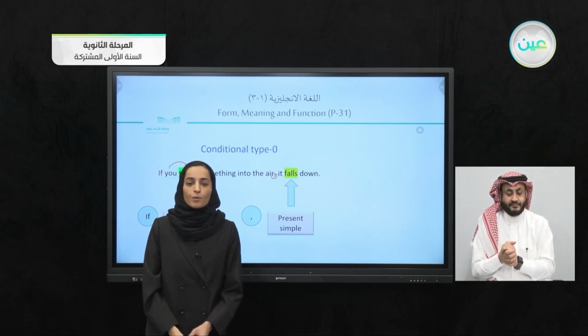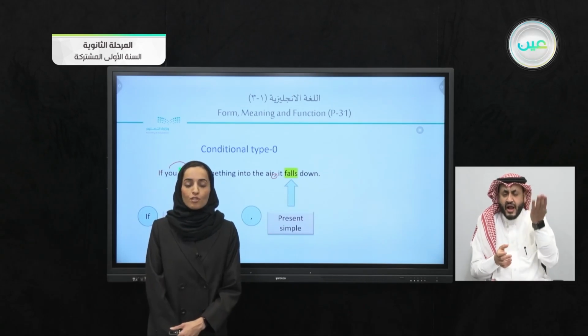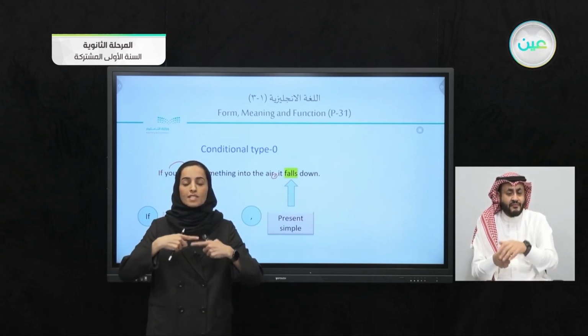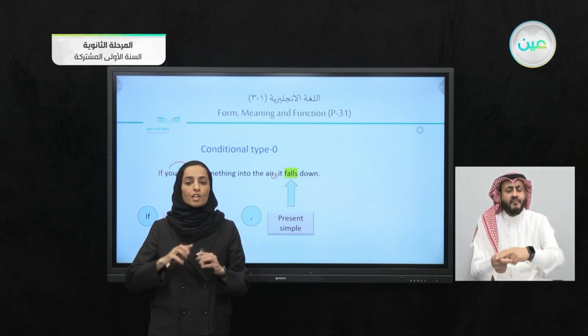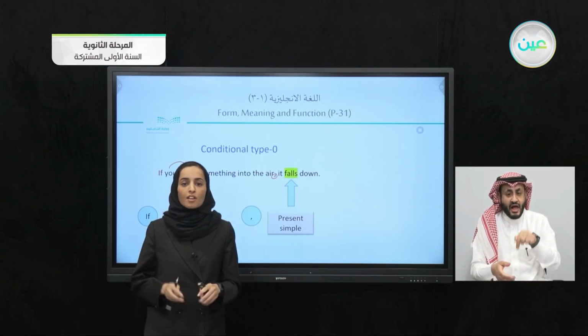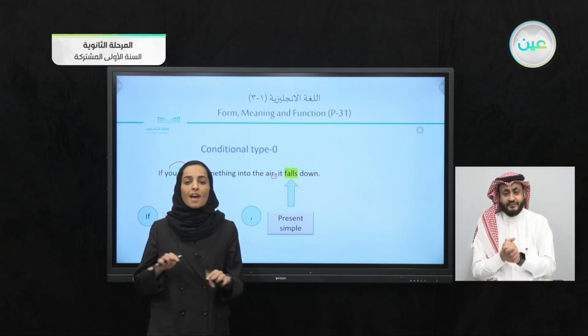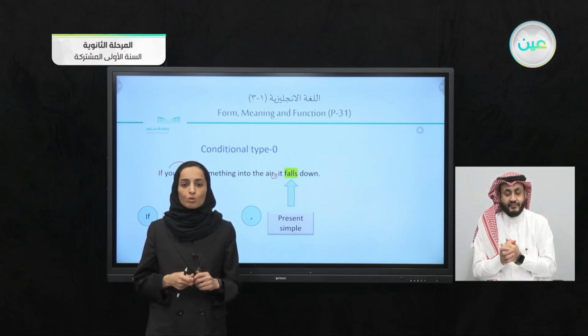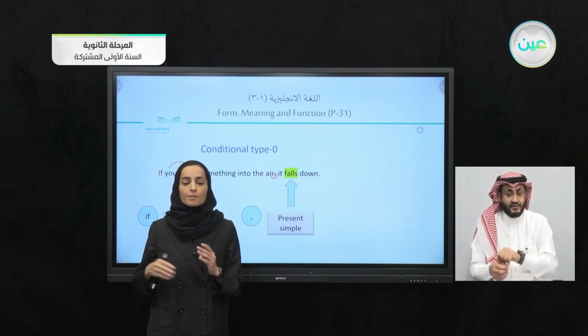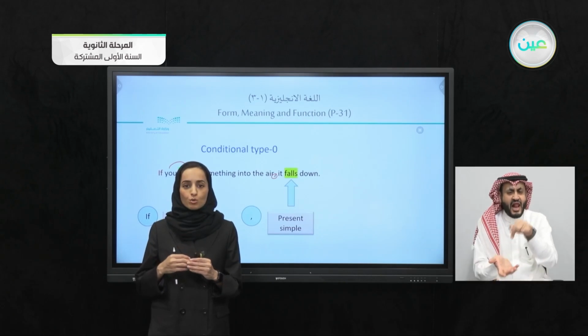If you still remember the usage of the present simple, it means something that will always happen, regular, it will never change. I live in Saudi Arabia. There is no chance, no plan that I am about to change this thing. Not like the ing form, which means something that is about to change.